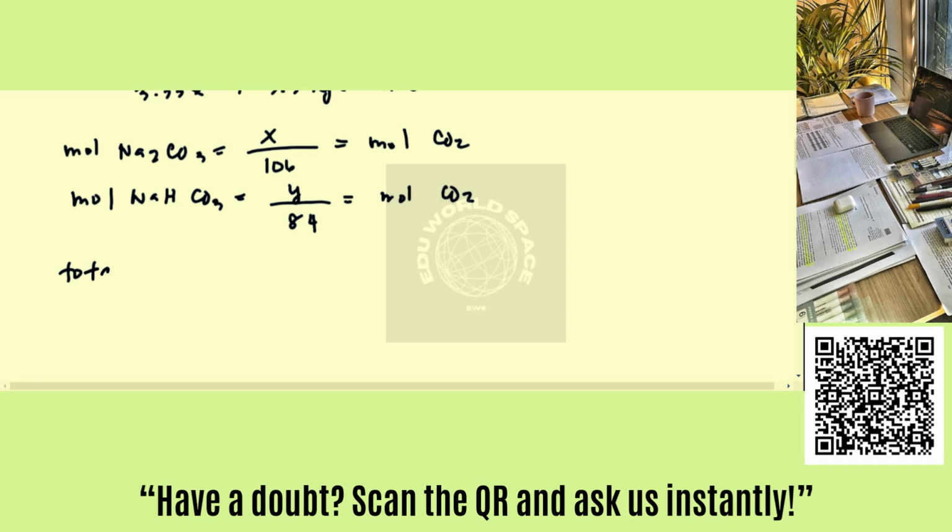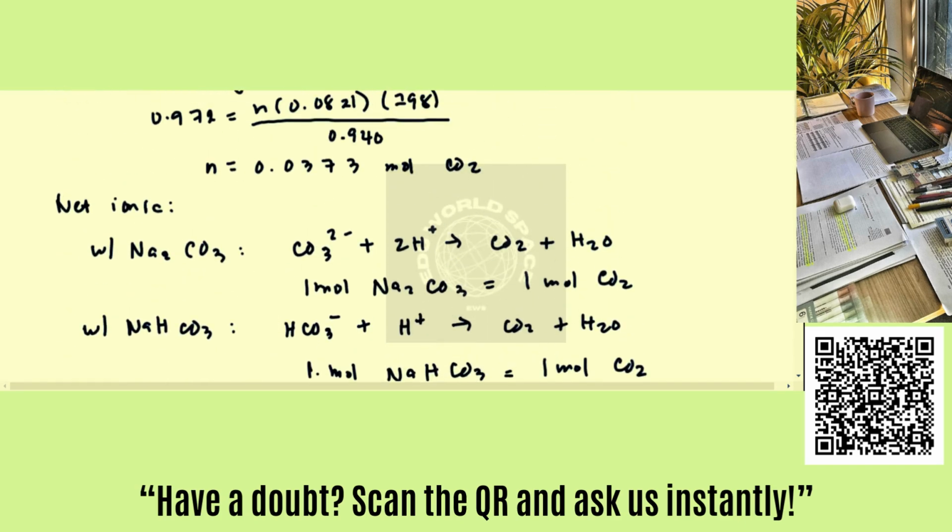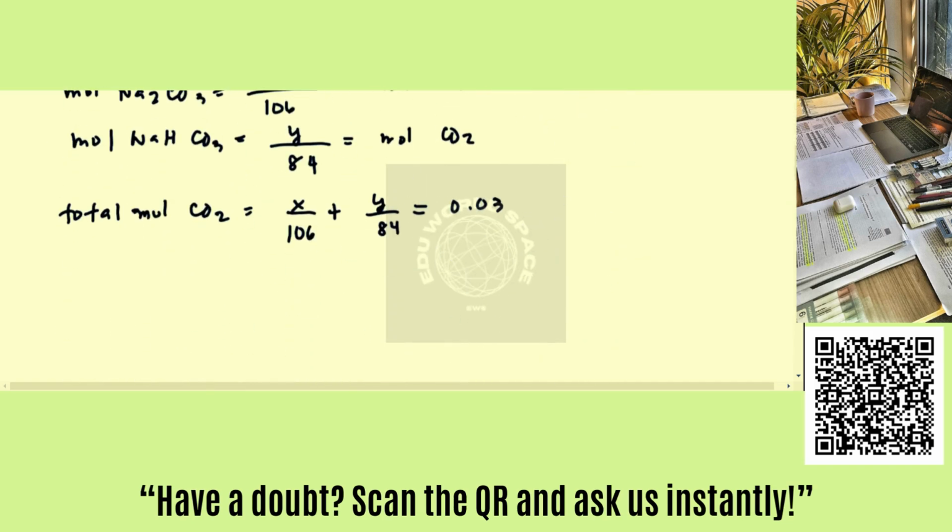The total moles of carbon dioxide, which is equal to the sum of the moles of carbon dioxide produced from the salts reacting with the acid, is X over 106 plus Y over 84. And this is equal to 0.0373, which is the one that we saw a while ago.